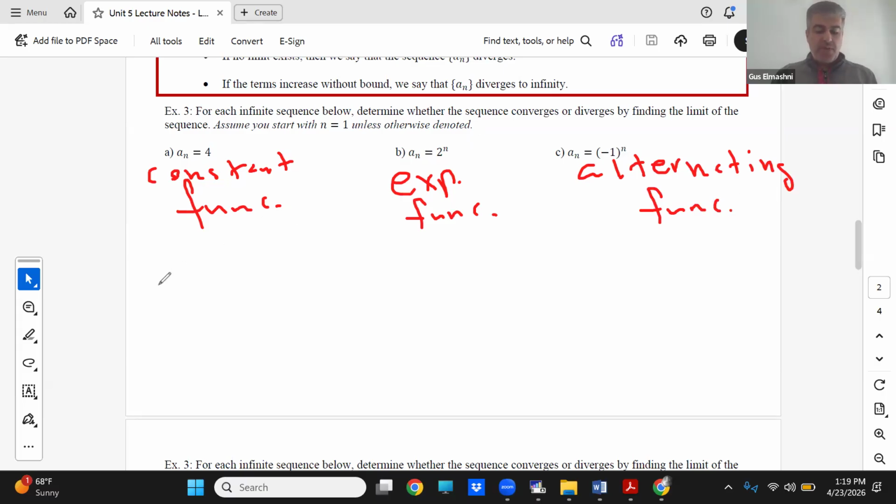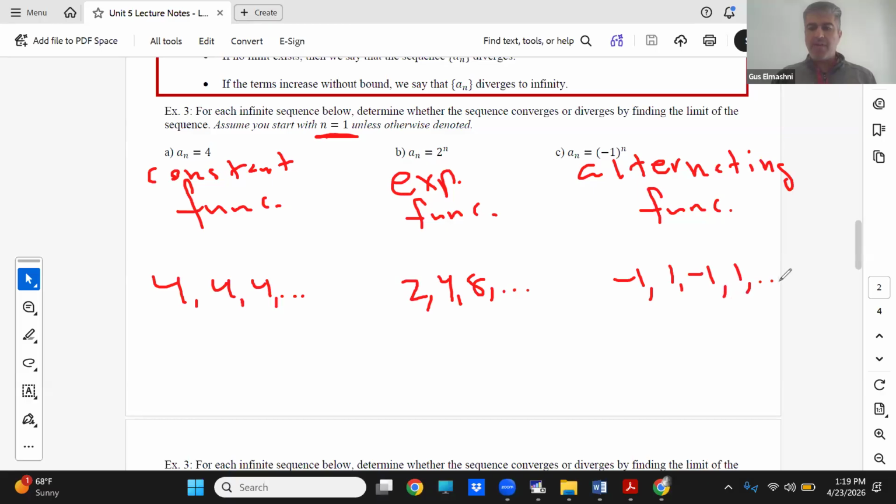If I list the first few terms: 4, 4, 4, dot, dot, dot; 2, 4, 8, dot, dot, dot. And remember, starting with n equals 1, unless you're told otherwise. And here, -1, 1, -1, 1, dot, dot, dot.